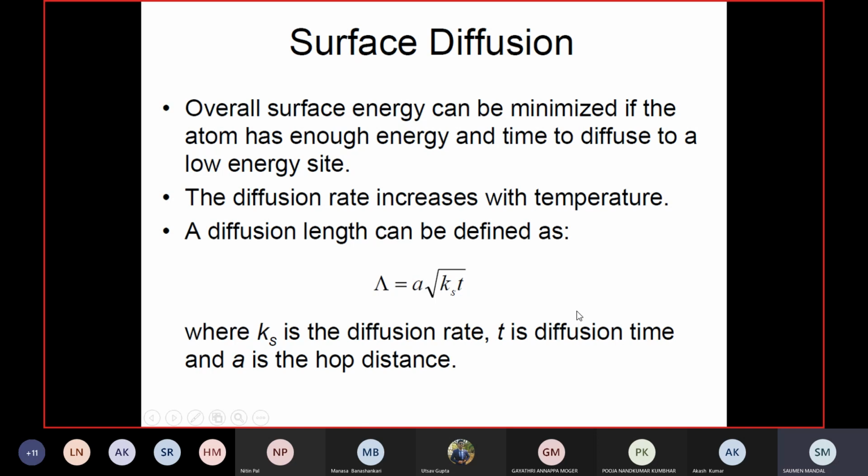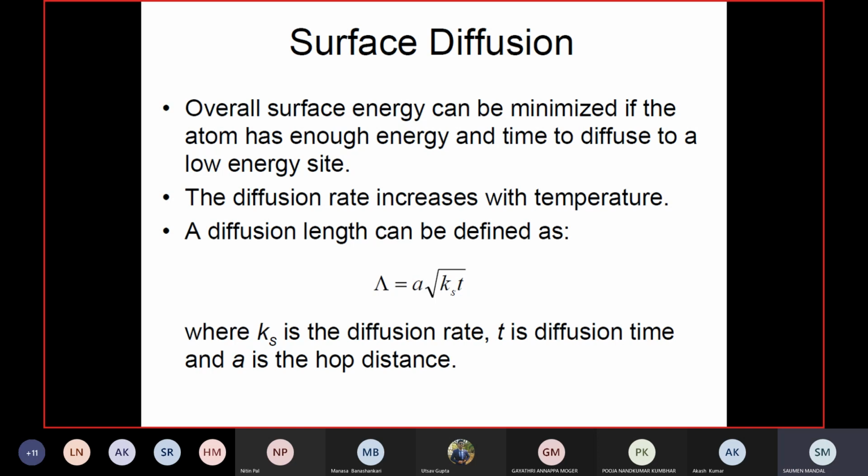So hydrophilic surface and hydrophobic surface, which one has higher surface energy? Hydrophobic. Okay, I'll just give this task to you. Next class we'll discuss, because these are things we need to understand.